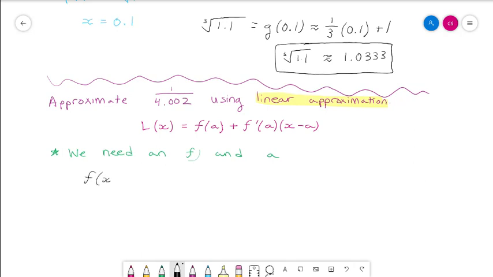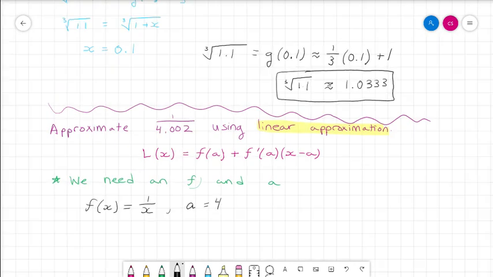So I might choose something like this: f of x equals 1 over x. And then what's a number that 4.002 is close to? 4.002 looks like it's close to 4. So let's make a linear approximation for f of x equals 1 over x at a equals 4. And then we can use it to approximate this.